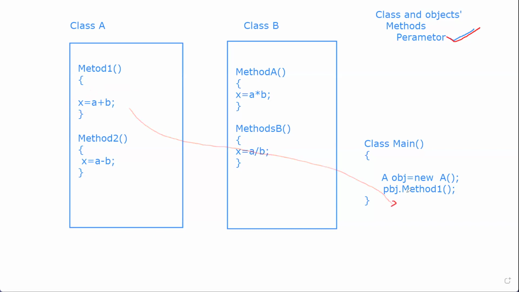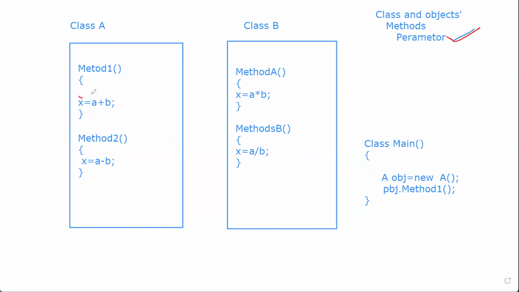Once I know the value of X, I would like to write some extended code with that value of X in a different class, the main class. But my problem is the value of X is restricted to class A method one only.